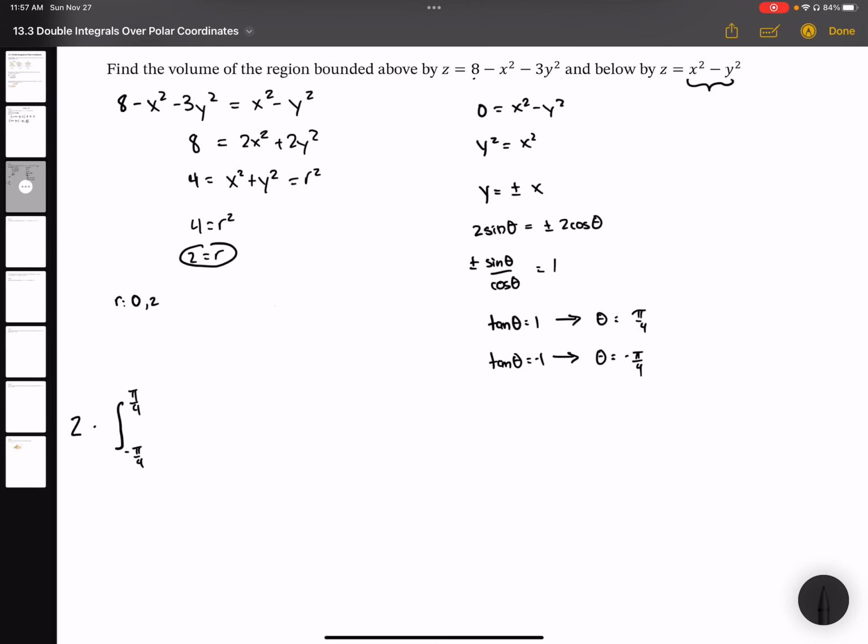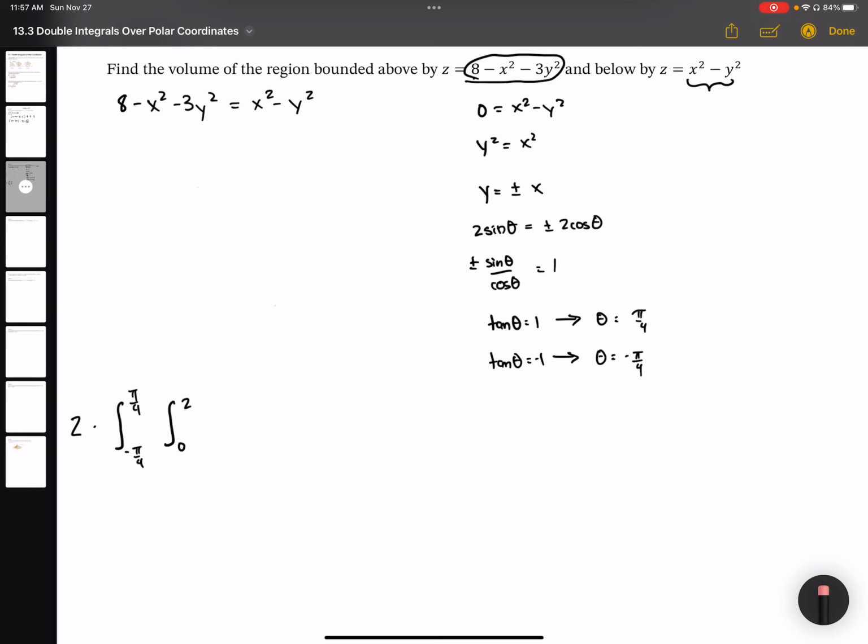So 2 times the integral from negative pi over 4 to pi over 4, and then r was from 0 to 2, and we want the upper function minus the lower function. So this function is on top, the 8 minus x squared minus 3y squared, on that interval. If we take this function and subtract, we can work it up here so we don't run out of room.